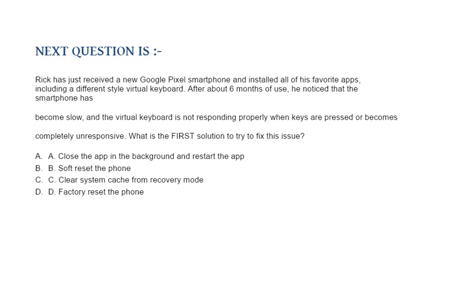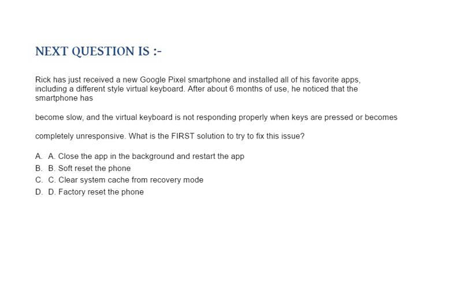Next question is Rick has just received a new Google Pixel smartphone and installed all of his favorite apps, including a different style virtual keyboard. After about 6 months of use, he noticed that the smartphone has become slow and the virtual keyboard is not responding properly when keys are pressed, or becomes completely unresponsive.